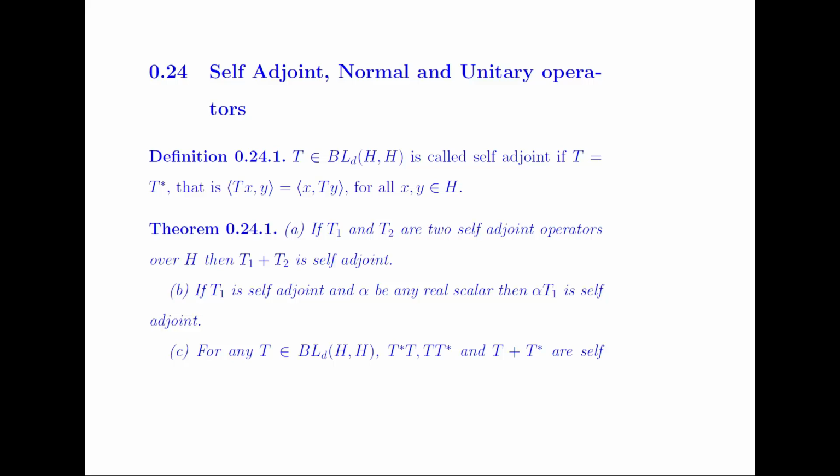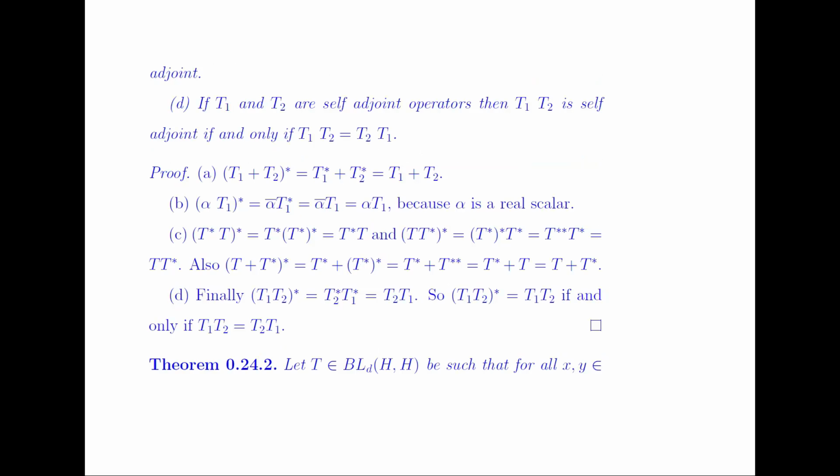Now we'll discuss part C. We have to prove that T star T, T T star, and T plus T star are also self-adjoint. So here we consider T star T whole star, which is equal to T star into T star star.